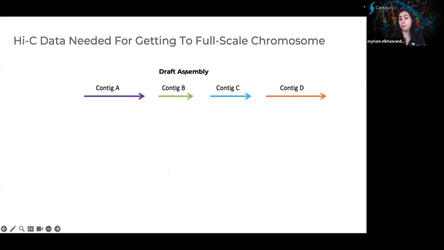So you start with your draft assembly. This could be your PacBio HiFi assembly. In this example, you have 4 contigs.